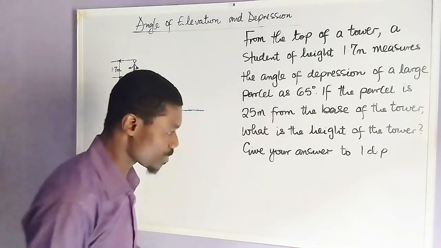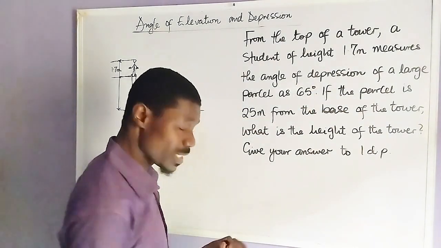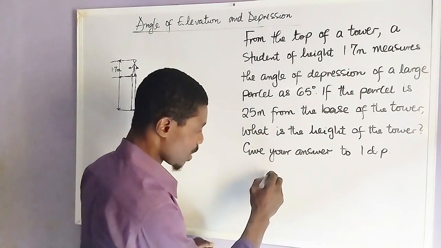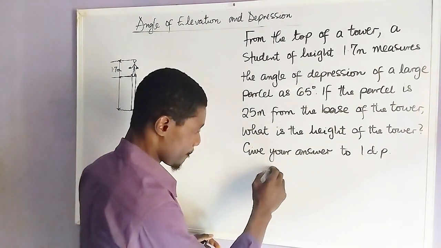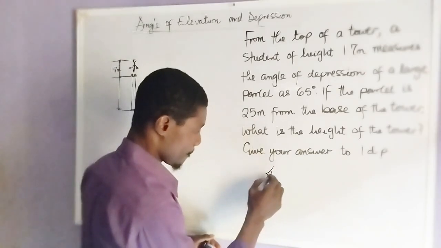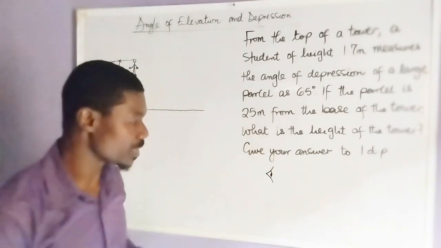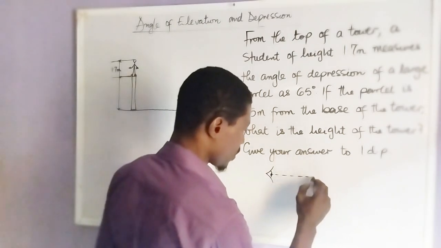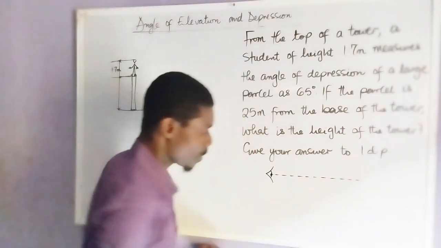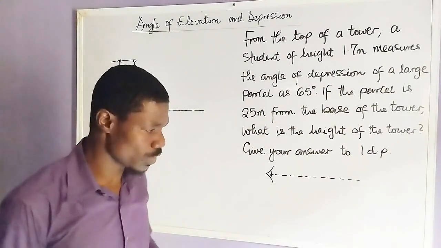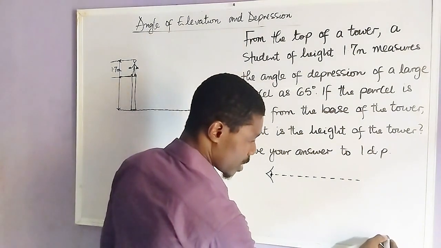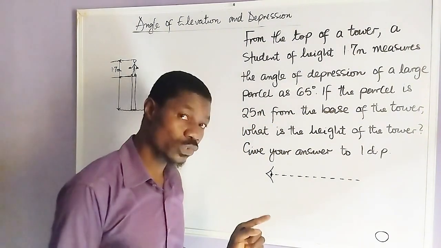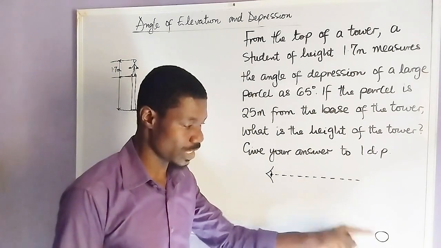Depression. For that angle of depression, let me give you a clear explanation. If this is your eyeball, normally you have a straight view this way. Now peradventure you see an object down here, let's say a stone, and you choose to view this stone.